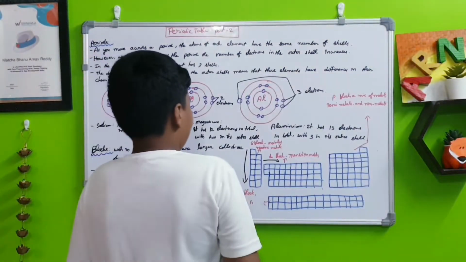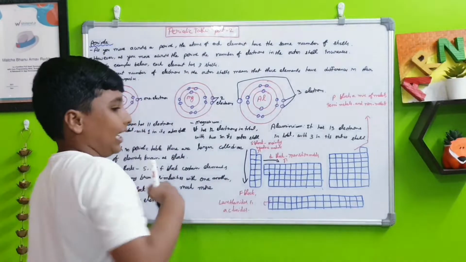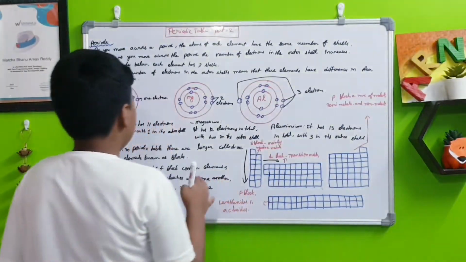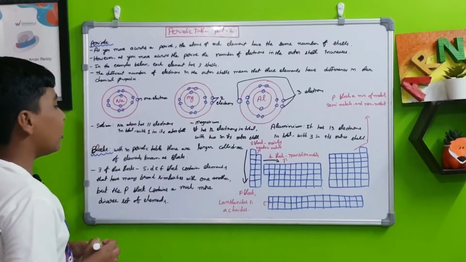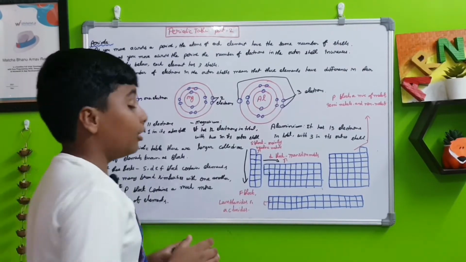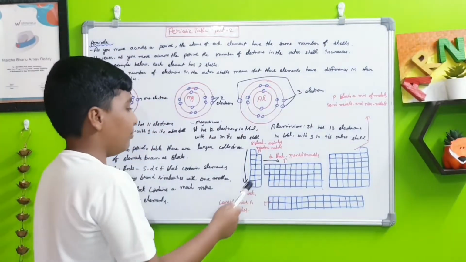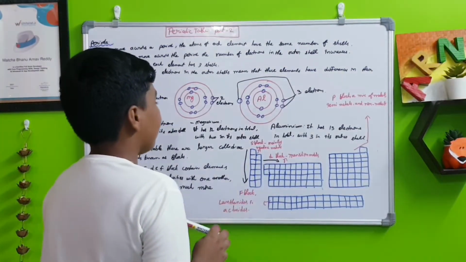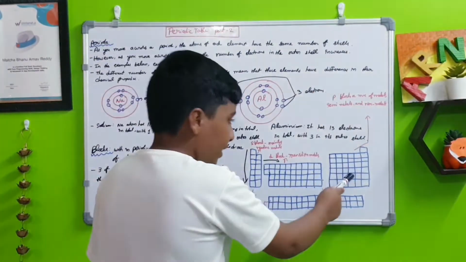While the groups go like this and the periods go like this, blocks are big collections. Within the periodic table, there are larger collections of elements known as blocks. Here are the 4 main blocks: the S block, F block, D block and the P block.